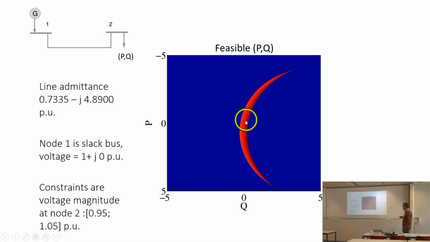If I increase P, if consuming means P negative, if I increase the consumption, I can compensate the voltage drop by injecting reactive power, by having a positive Q, but this will go only to some limit here. This is not a convex set, obviously, right?